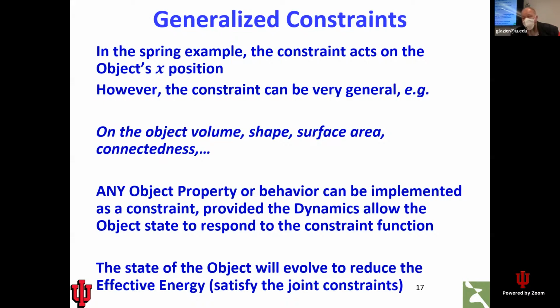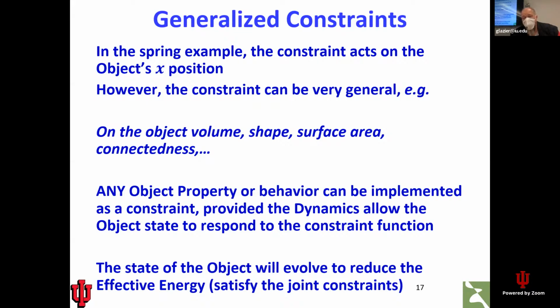Almost any behavior or interaction can be written in the form of a constraint. And the nice thing about the particular dynamics that we've defined on the system is that the system will evolve to automatically satisfy any constraint. And so this constraint could be get bigger, get smaller, change the ratio of your surface to your volume. All of these could be written in the form of constraints.